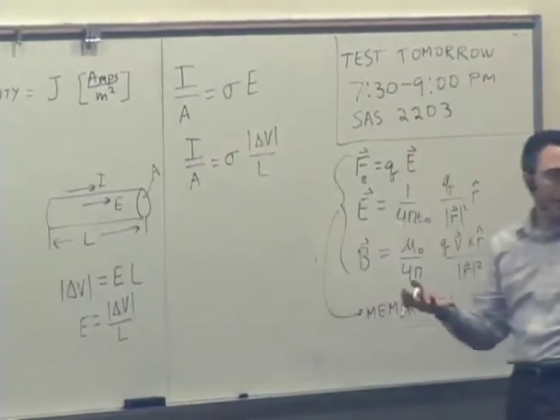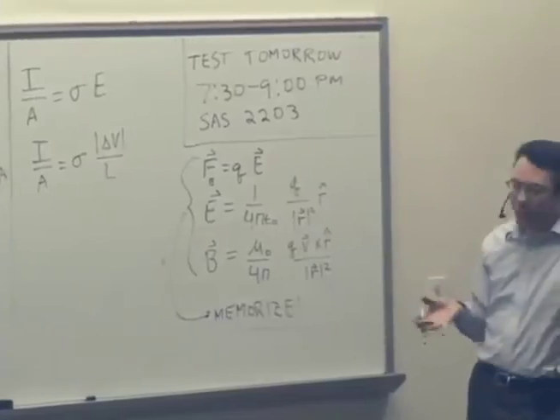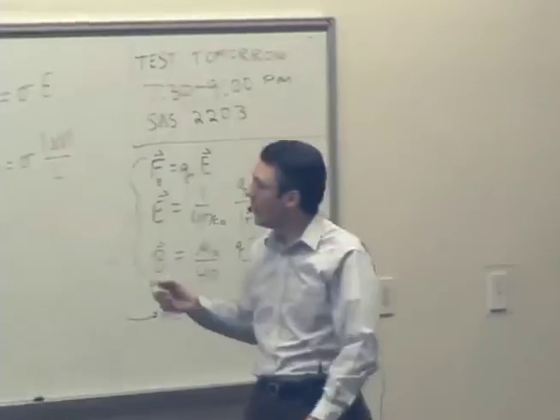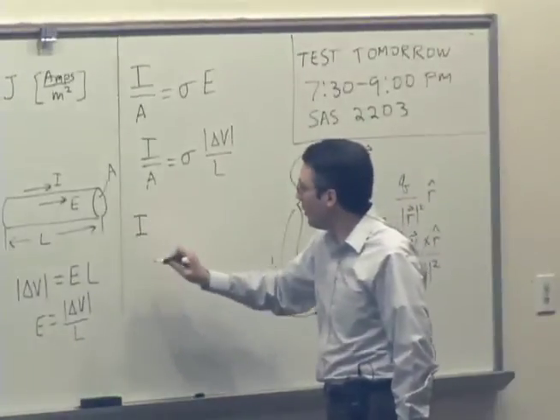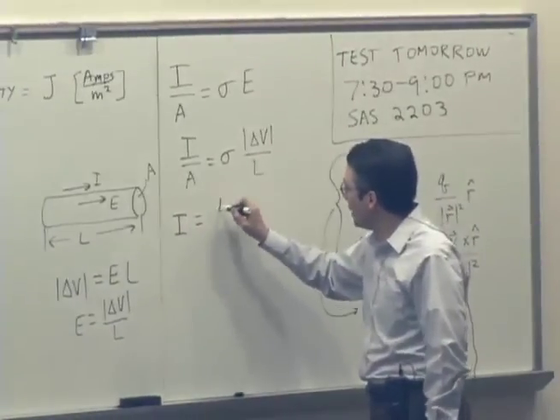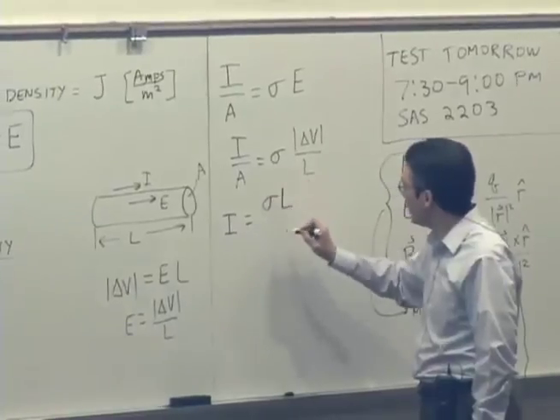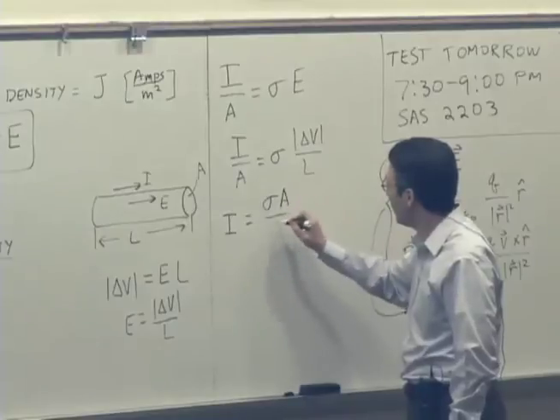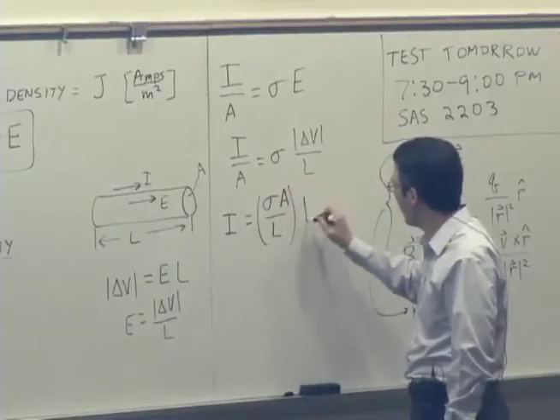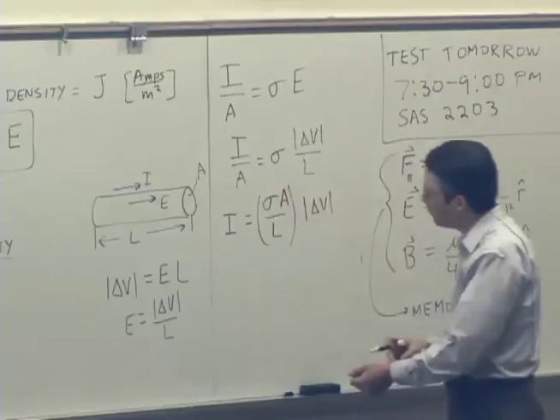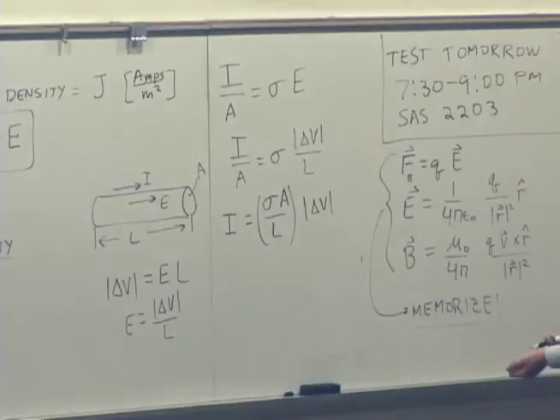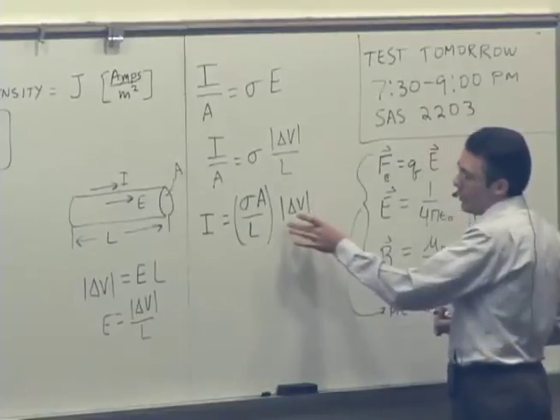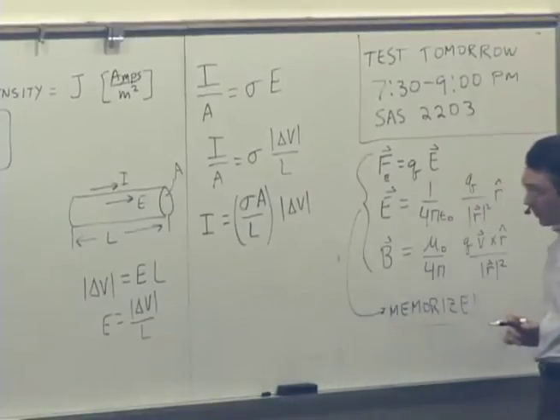Current, I can also measure pretty easily by just putting an ammeter in the circuit, and get a reading there. So let me isolate current on one side, and we have sigma times A over L times delta V. So this is saying that the amount of current I'm going to get is going to be proportional to the potential difference across that wire.